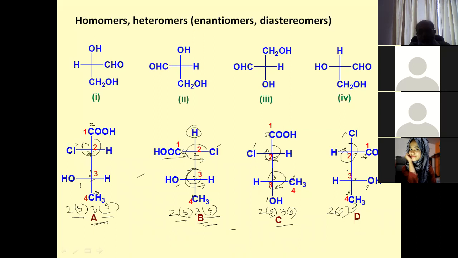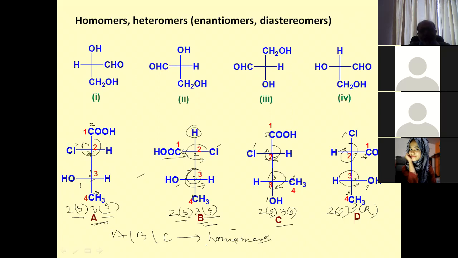So 3 is going to be R. Now here it has become difficult. So what is your conclusion then? A, B, C are homomers.